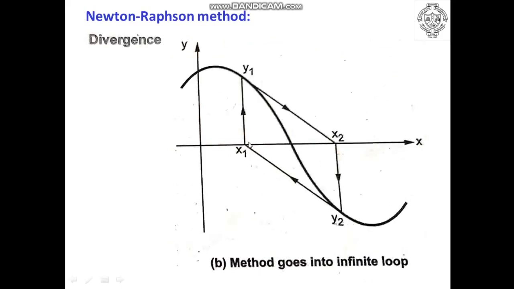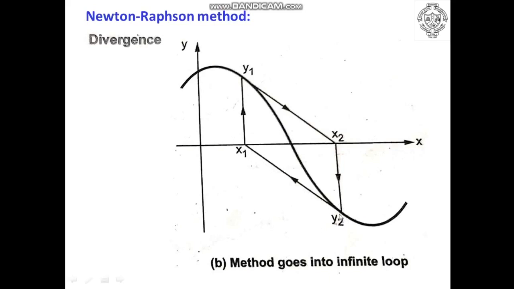Now the next case is very interesting. Again I consider the value of x1 as the initial guess. I find the value of y1 by putting x1 in the function. I draw a tangent so that I get x2. Again I put the value of x2 in the equation, I get the value of y2, and again I draw a tangent. And now it happens, if you can see here, that where the tangent intersects the x-axis, it is nothing but x1.